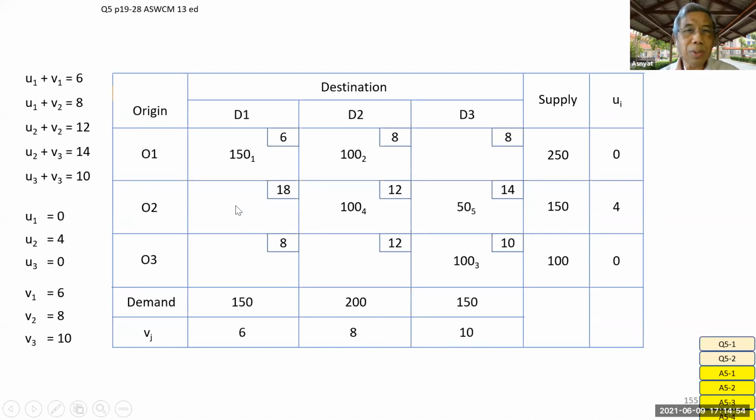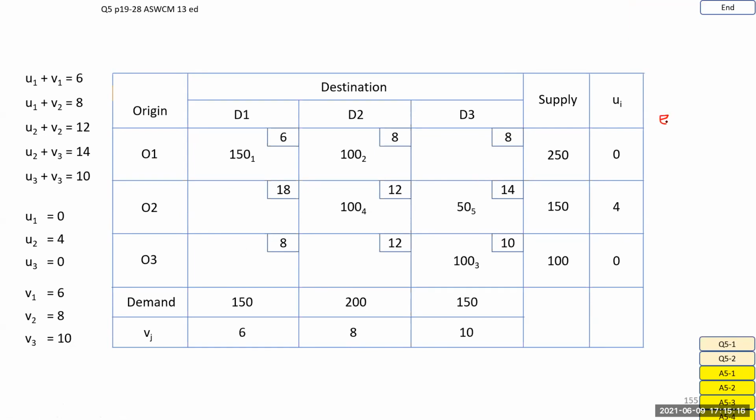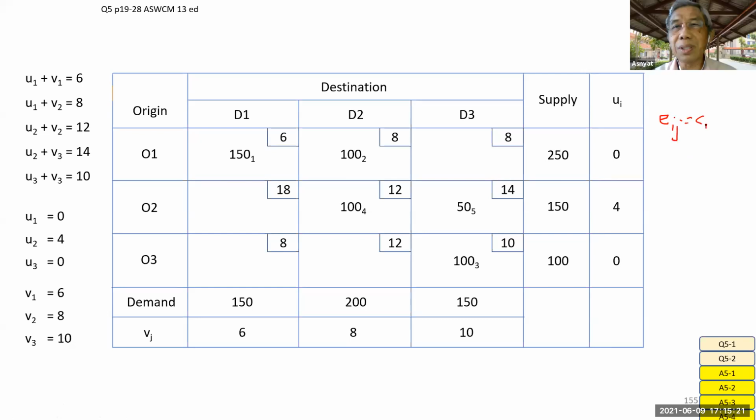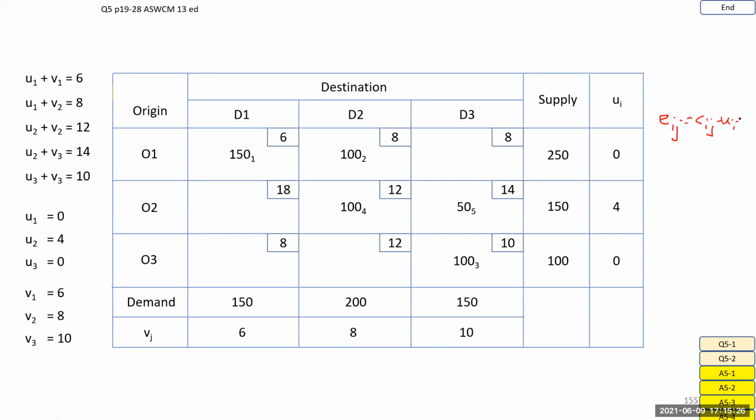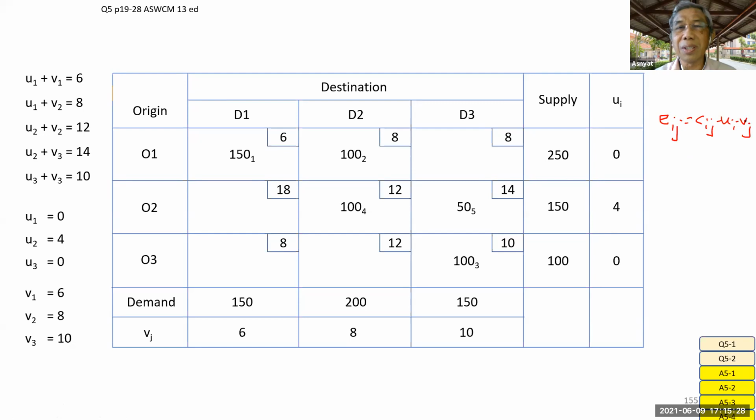We are going to look into these non-basic cells, the unused routes, and find the improvement index, which tells which cell is best to use first. How to find the improvement index? Remember, Eij equals Cij minus Ui minus Vj.